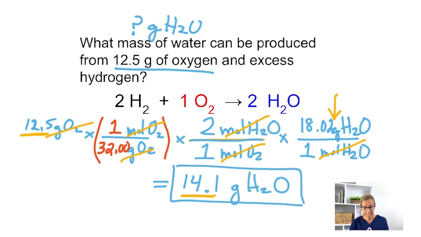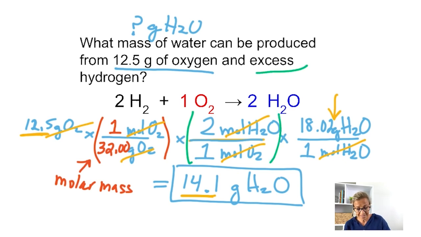Now let me just review the steps that I just did. First, I used molar mass. Why did I use molar mass? Because I started in grams, I had to get to moles. And then what did I use? The mole ratio.